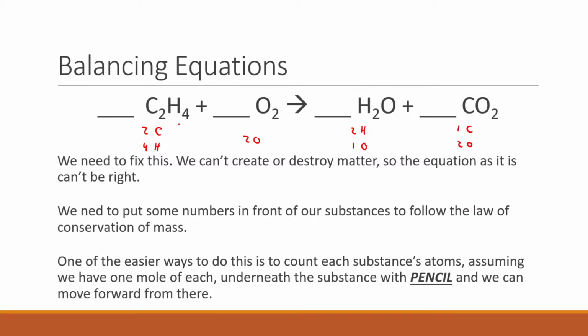Right, I like to take apart each compound, apologies, into its elements. Right, C2H4, that's 2 C's and 4 H's. O2, that's 2 O's. H2O, 2 H's, 1 O. And I also like to put a little marker here just to remind me where my left and my right is. So that looks something like this.